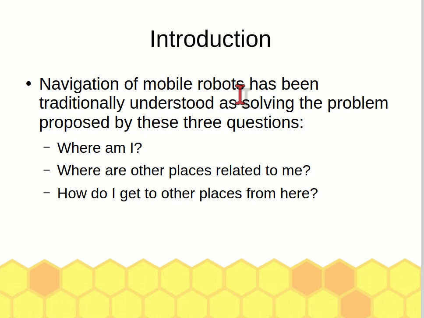Even the question where am I is a very big issue for a robot, especially when it comes to the navigation of a mobile robot. So to answer where am I is very difficult, very challenging.